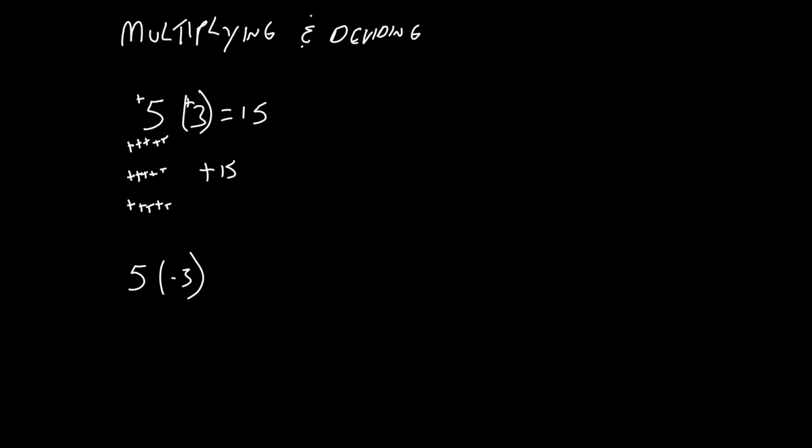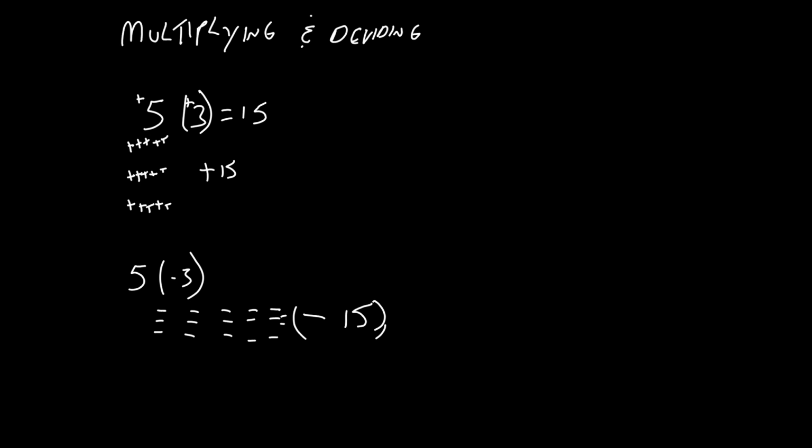What this is saying is I'm going to have 5 groups of -3, giving me 15 negative objects. When my signs are the same, the signs stay. When the signs are different, it is negative.